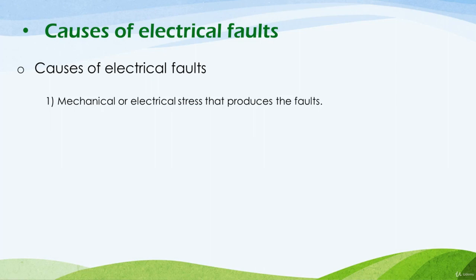Those stresses may also be mechanical, not electrical only. Mechanical stresses may produce mechanical damage to electrical equipment. For example, if a load break switch is subjected to mechanical shocks or stresses, it may be damaged, and this means that the circuit will be open, and when the circuit is open, this is a fault condition.